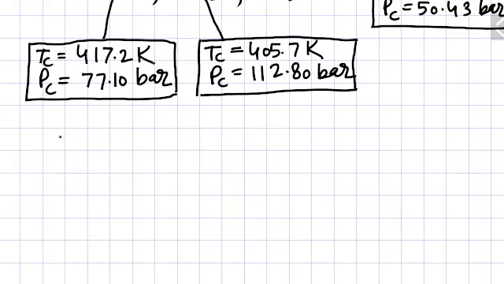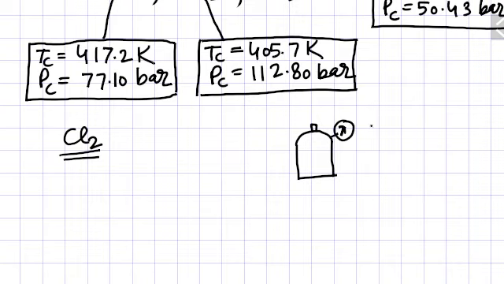Let's start with chlorine gas, and suppose we are taking 1 mole of chlorine gas in a cylinder at a high pressure of 20 bar and a temperature of 25 degrees centigrade. Can you find the reduced state of this gas? For this chlorine gas we need T by Tc.